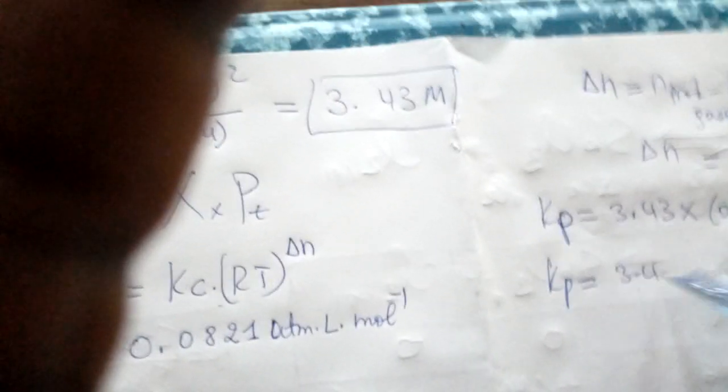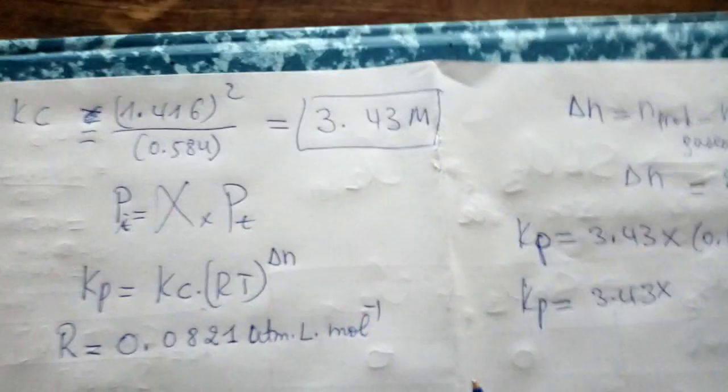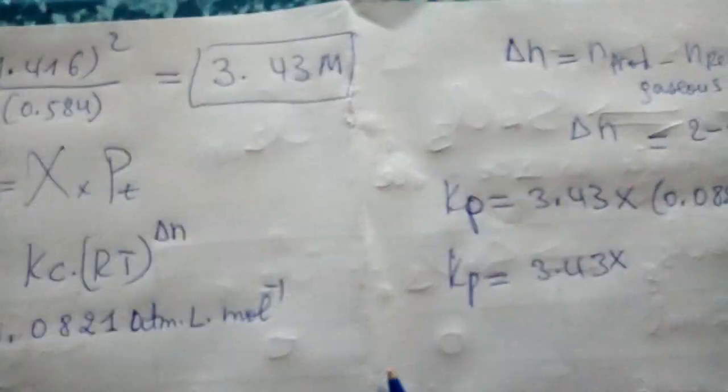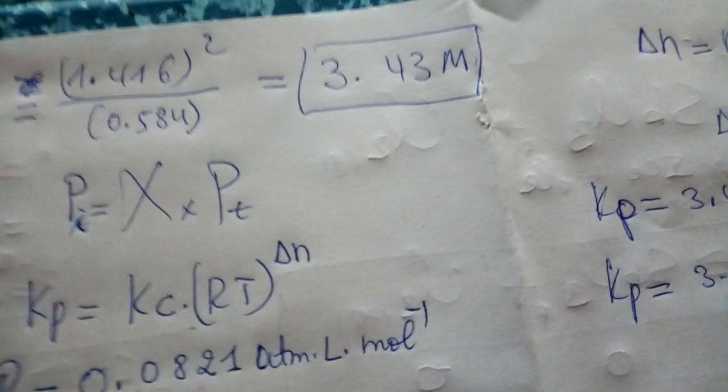Kp will be exactly equal to 3.43 times what we have here without putting the power, because the power is 1.